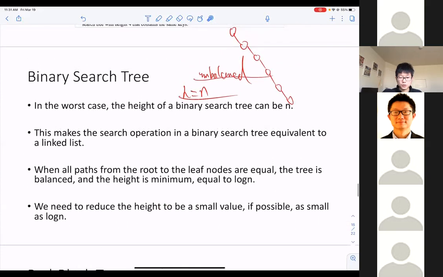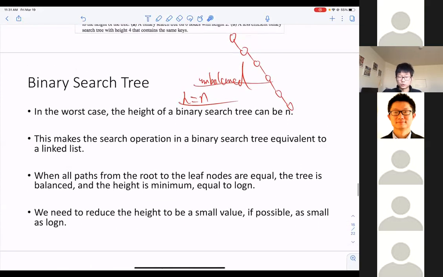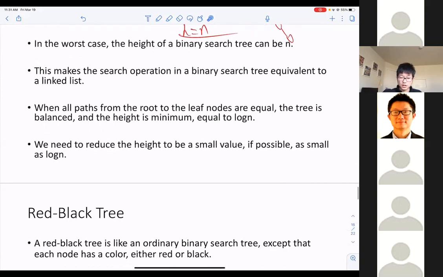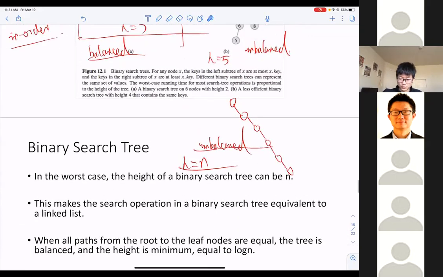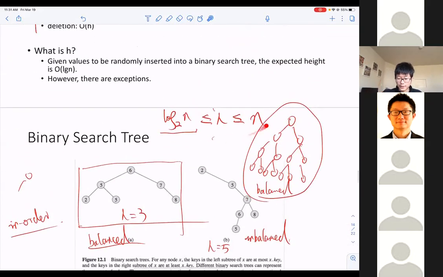Then people designed a more advanced version of the binary search tree, which guarantees that the height is low. If we only have a binary search tree, what we can tell is that in the best case, we'll have a height of log n, whereas in the worst case, the height is going to be as large as n.